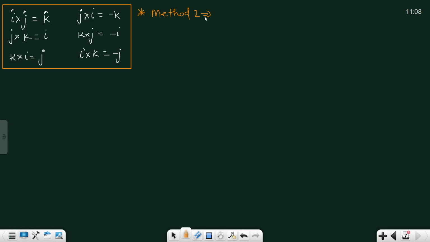In future you will be using this method only, because this is a very short method.